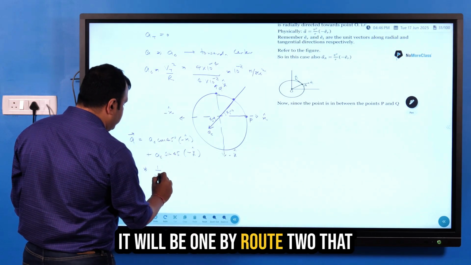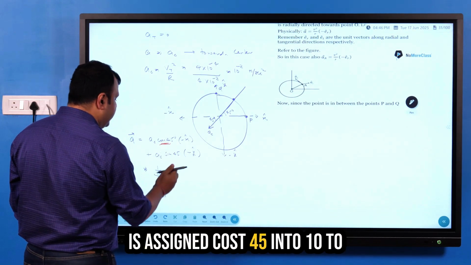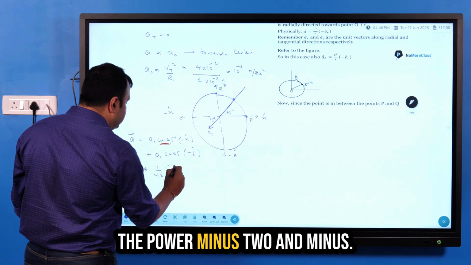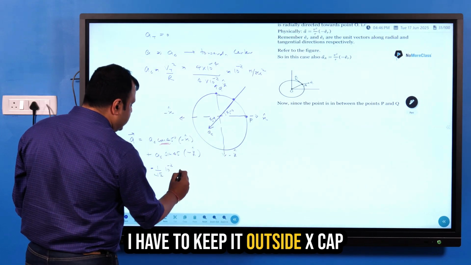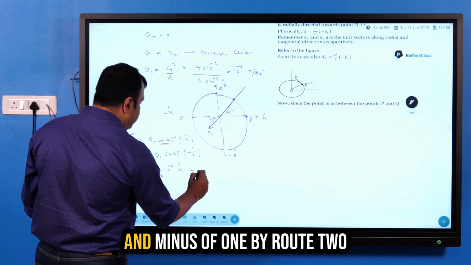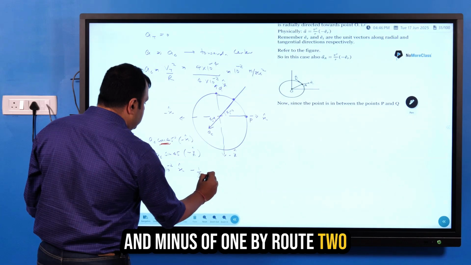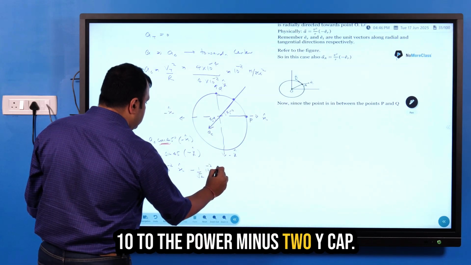That will be 1 by root 2, that is cos 45, into 10 to the power minus 2, and minus I have to put it outside, x cap, and minus of 1 by root 2, 10 to the power minus 2, y cap.